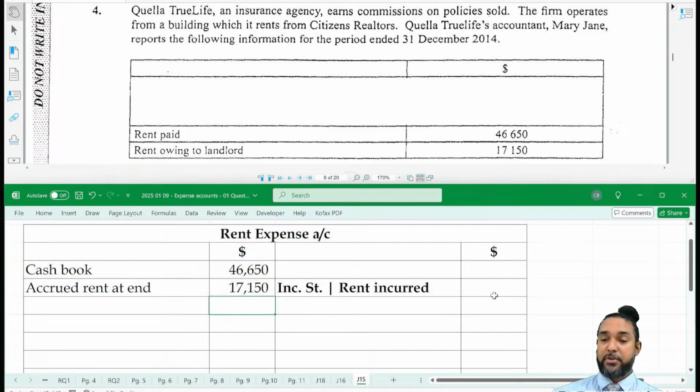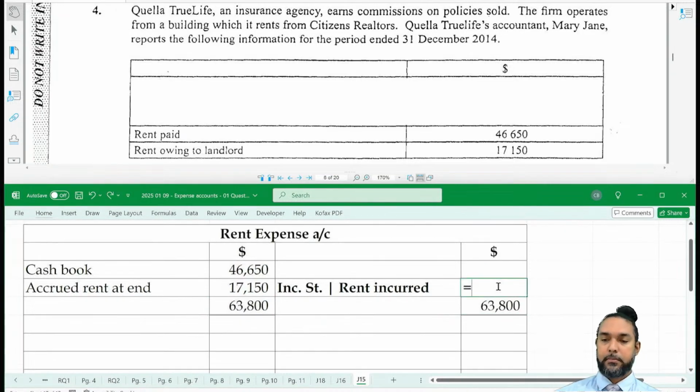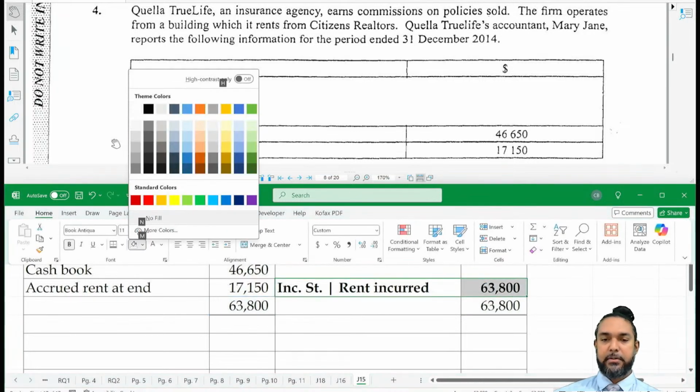Now all we have to do is balance off the account. Hold on. How? Oh no. Right. So no, this should be this figure here. Right. So all we have to do is put the 638. Right. And what we'll do, we'll put that in a kind of gray. Yeah. All right. Cool.